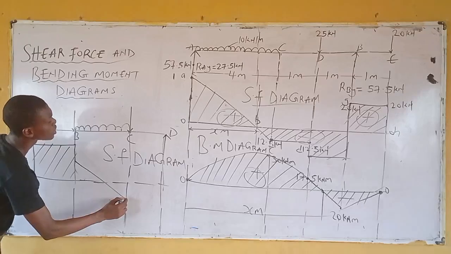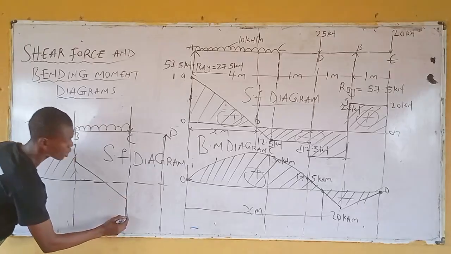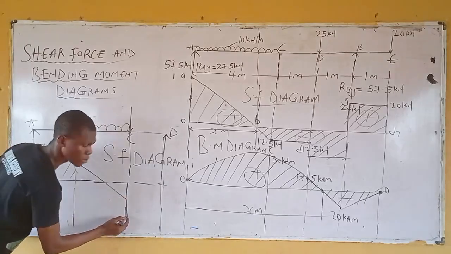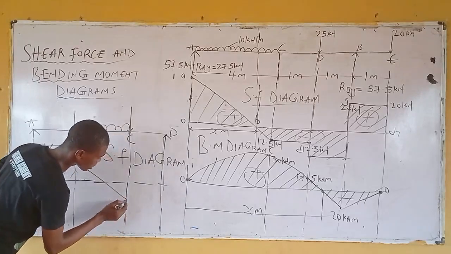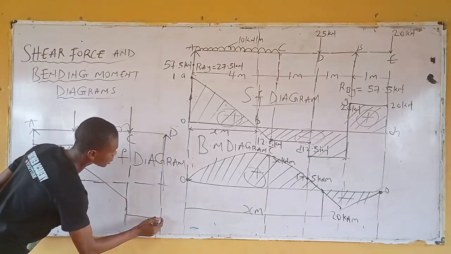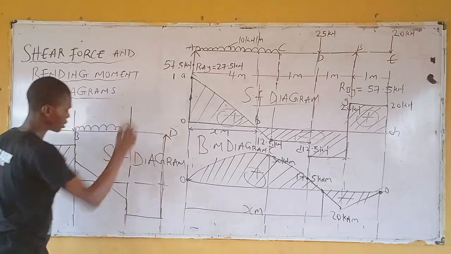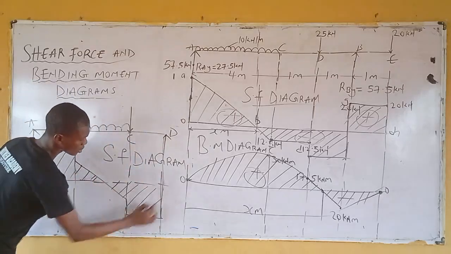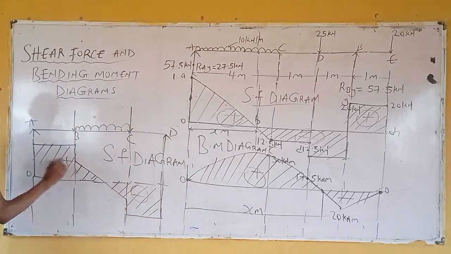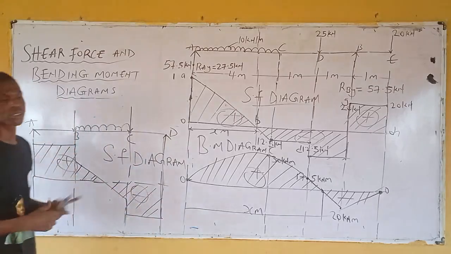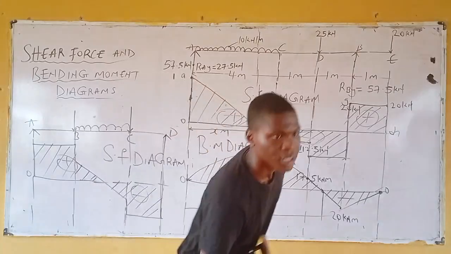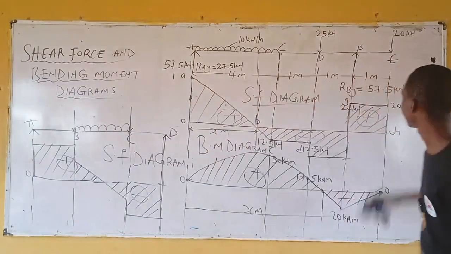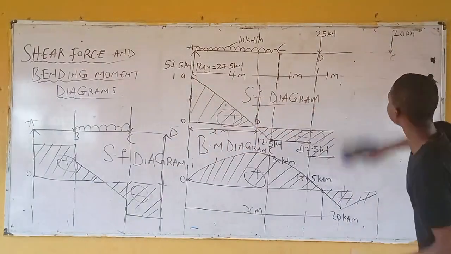It will come down again. Then C to D, beam. Horizontal line. Then go back. Then you have to shade. This is minus. This is plus.